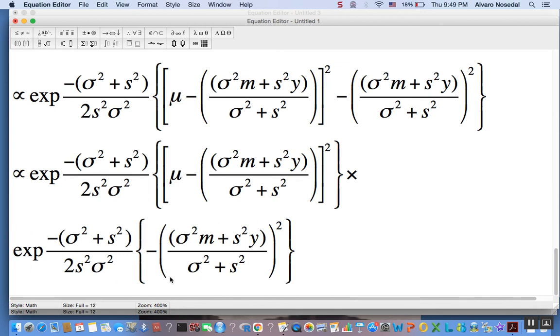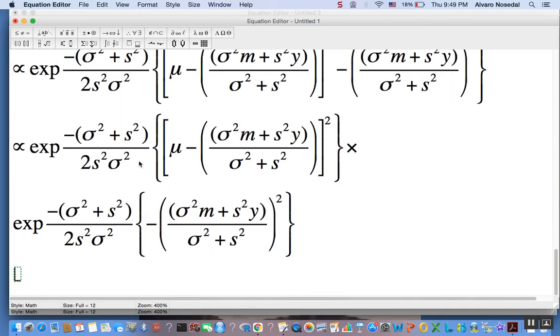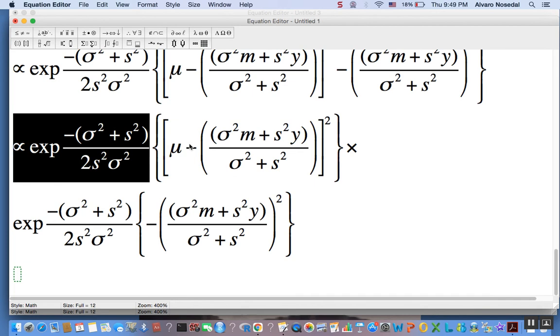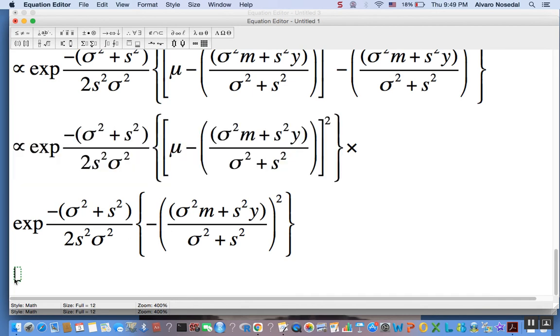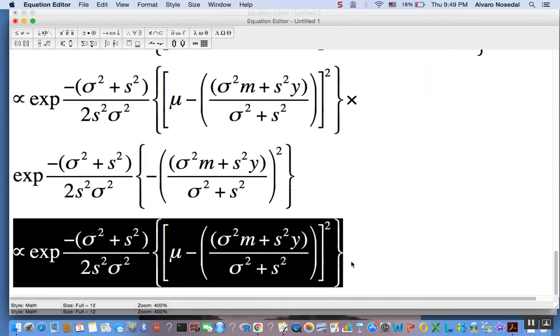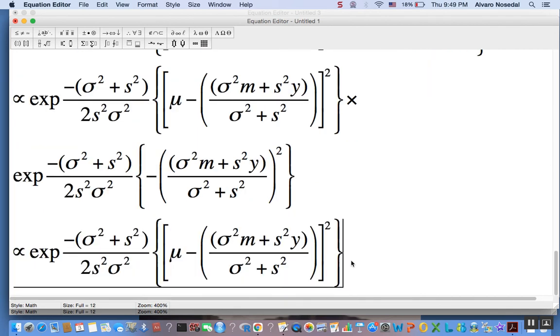But this one, note, is a constant with respect to mu. So our posterior is just proportional to the first exponential.